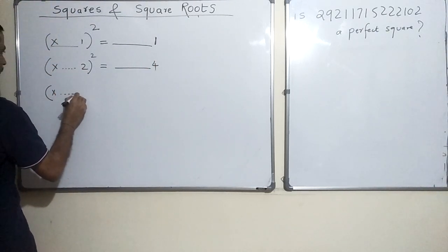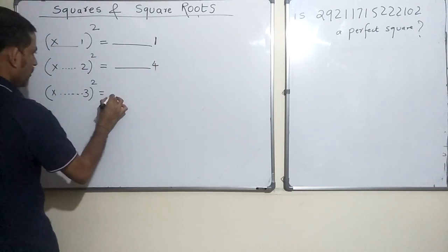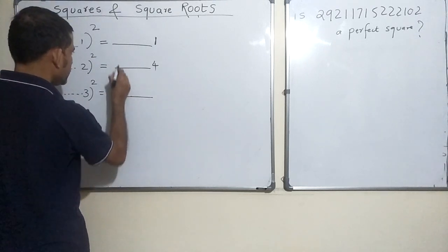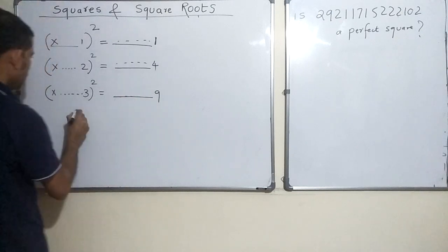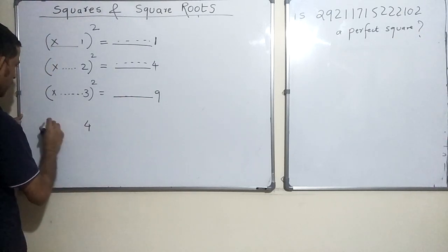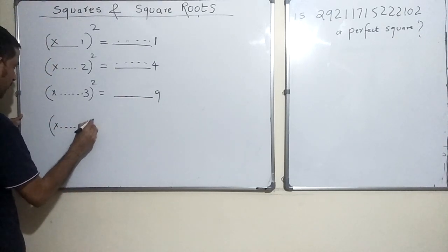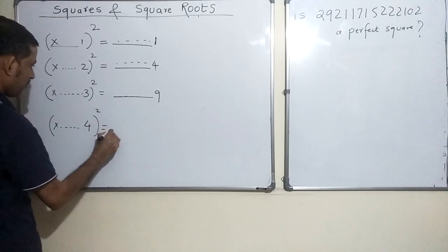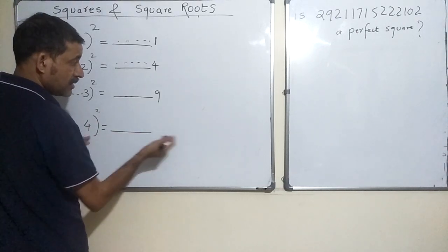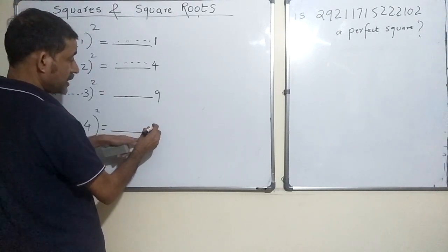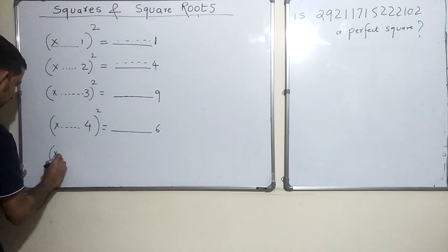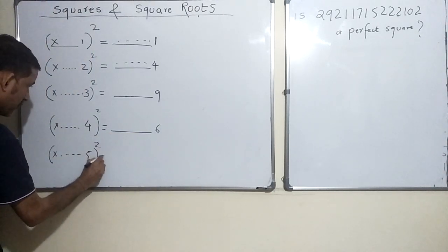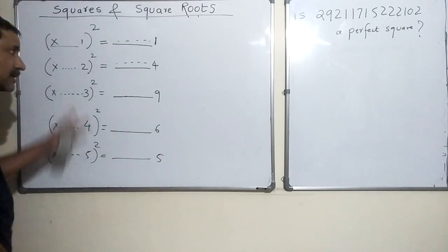Similarly, whatever it is, I don't care, I am only interested in the last digit, 3 3s are 9. So if it is 4, 4 4s are 16, 1 will get carried over in the multiplication, 6 will remain. Okay. So similarly, 5 5s are 25, 5 will remain, 2 will get carried over.